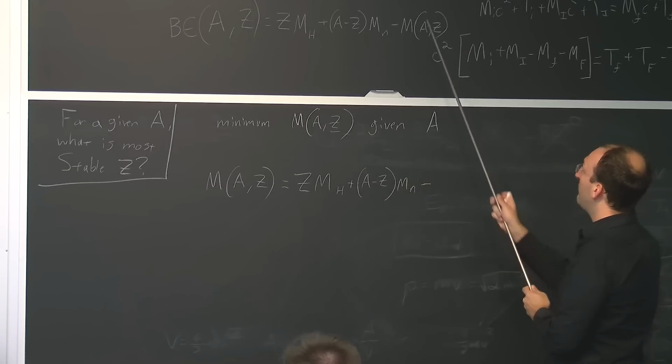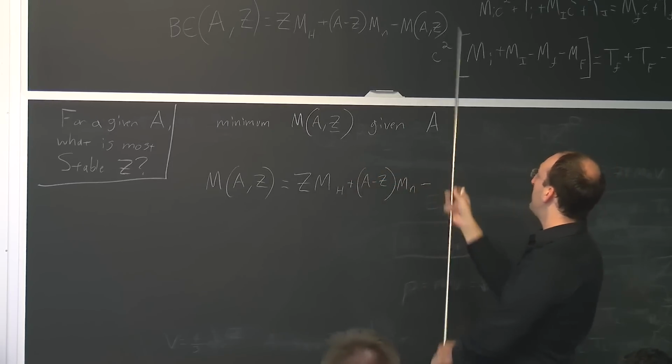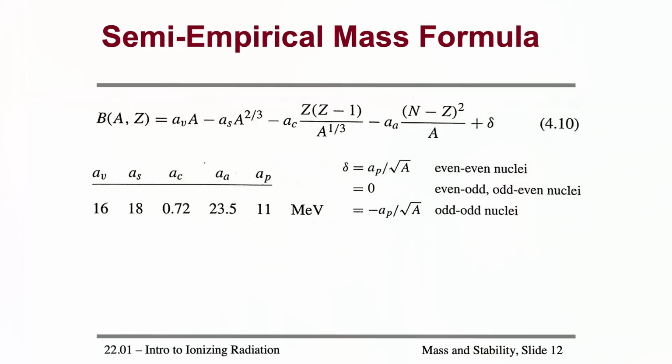Because in this case, what I've done right here is I've added mass to each side of the equation, subtracted binding energy from each side of the equation, and we can just take negative that expression and write it all out together.